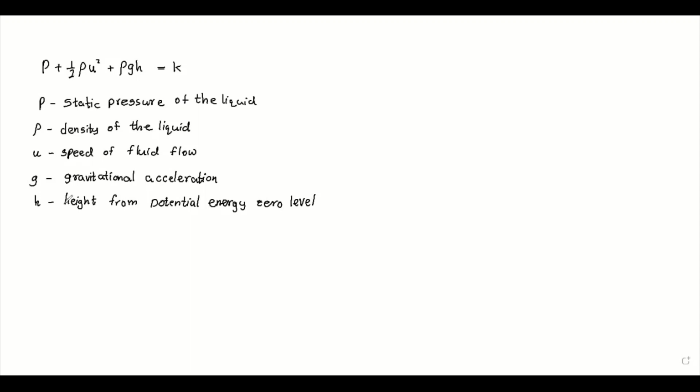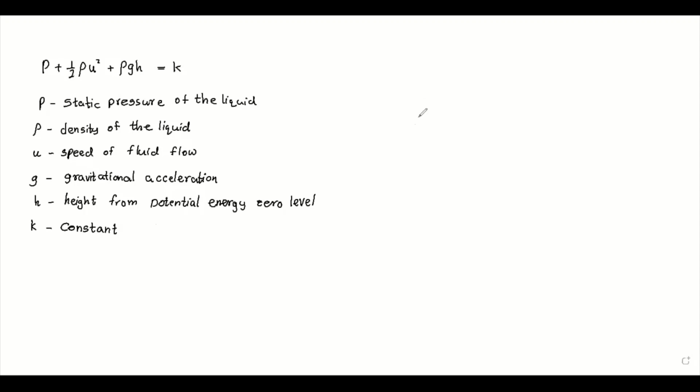And K is a constant. Right. And they also want us to identify the terms here. Now here we have identified the symbols, and they also want us to identify the terms here.